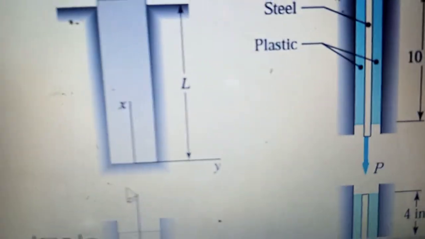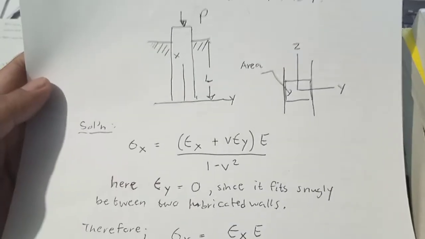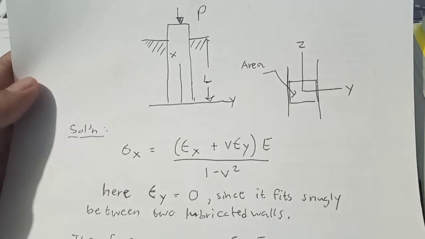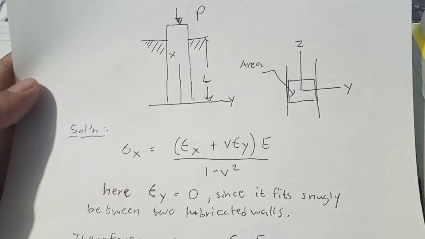Here we have x and y directions. In the y direction, since it is restrained and fits snugly between the lubricated walls, it should be 0. So only in the x direction can it move.